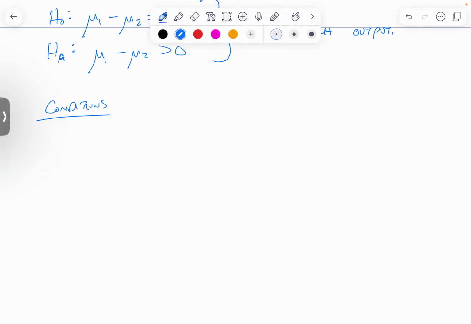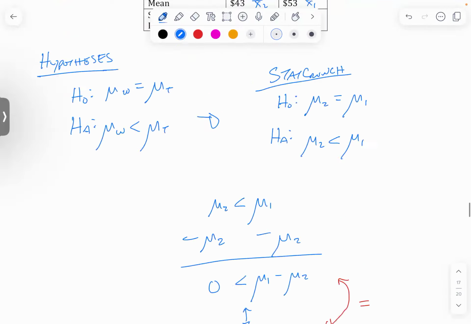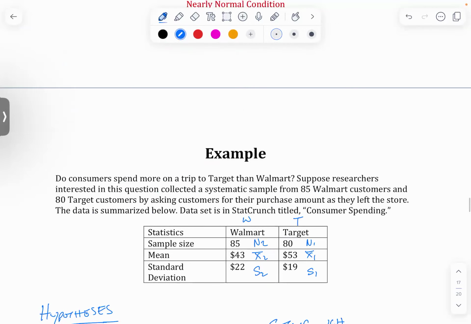The conditions, again, for each population. In order to do this, we're going to simultaneously do this in StatCrunch because we need the data. We have it. We need the data to actually view the values.